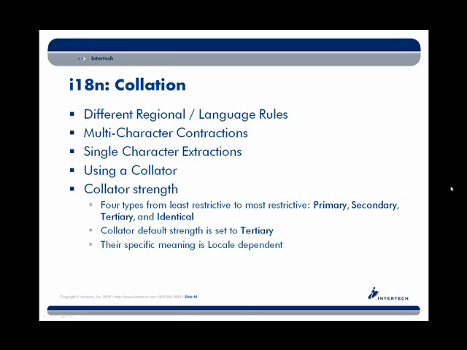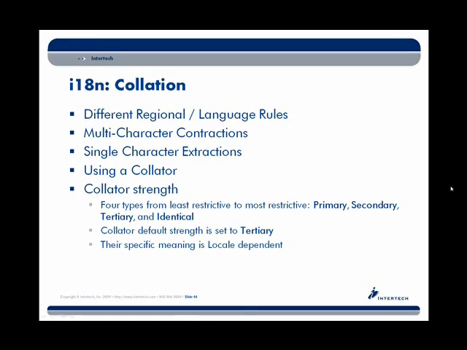There's also multi-character contractions and single-character expansions. What that means is in some languages I can have, for example, 2 letters when I write the word in lowercase. But if I write that same word in uppercase, then it becomes 1 letter. So when I'm doing my searching and my sorting, what does that mean in terms of how it's going to be placed?